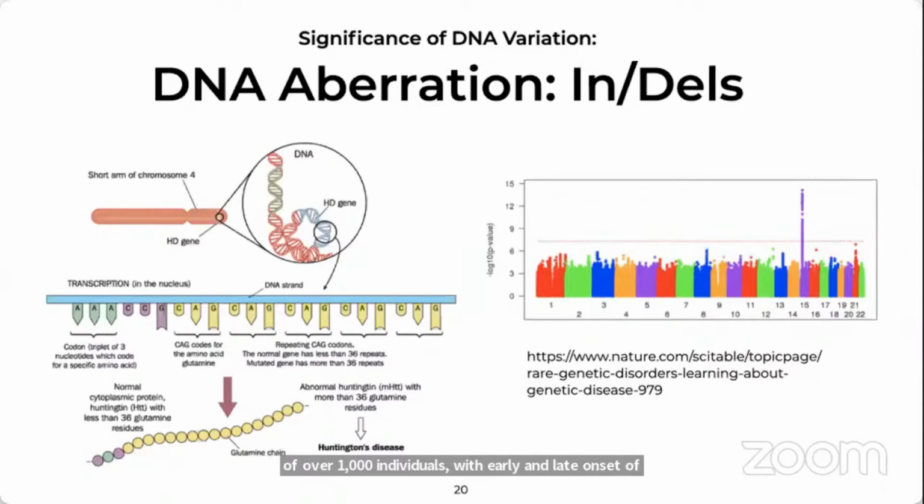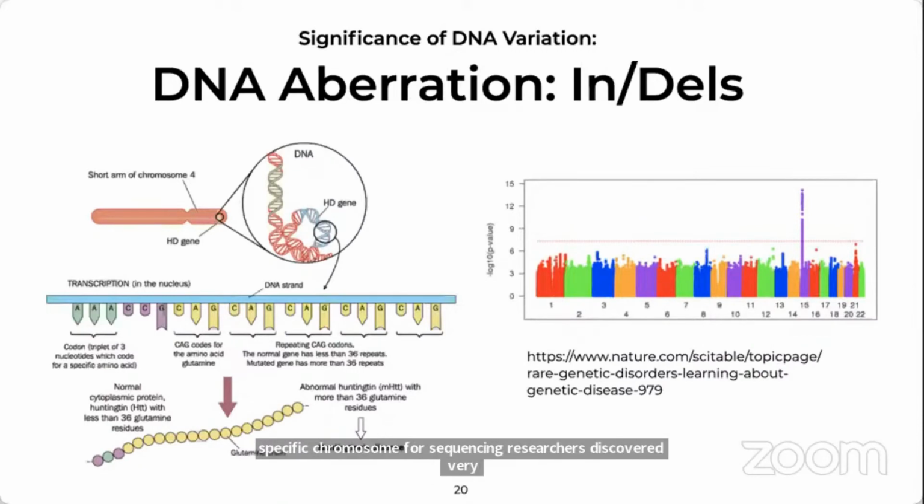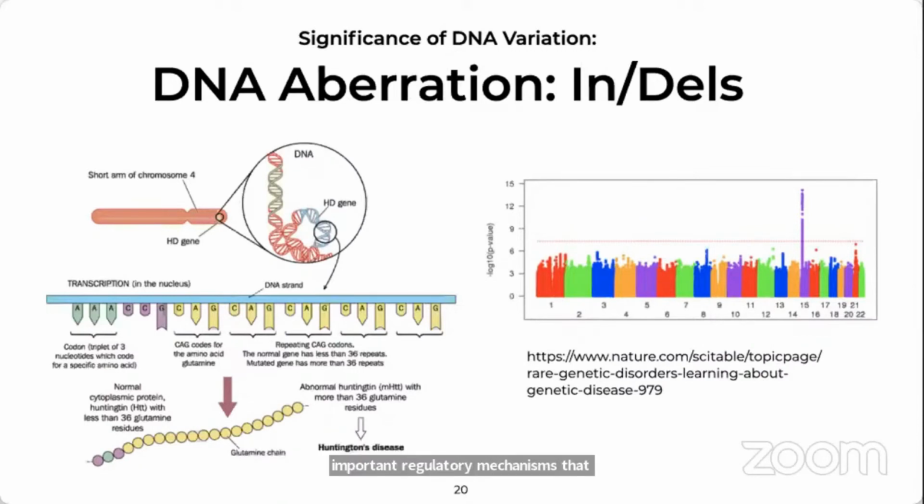By using whole genome sequencing and targeted sequencing of specific chromosome 4 regions, researchers discovered very important regulatory mechanisms that differentiate the group with early onset from the group with late onset.